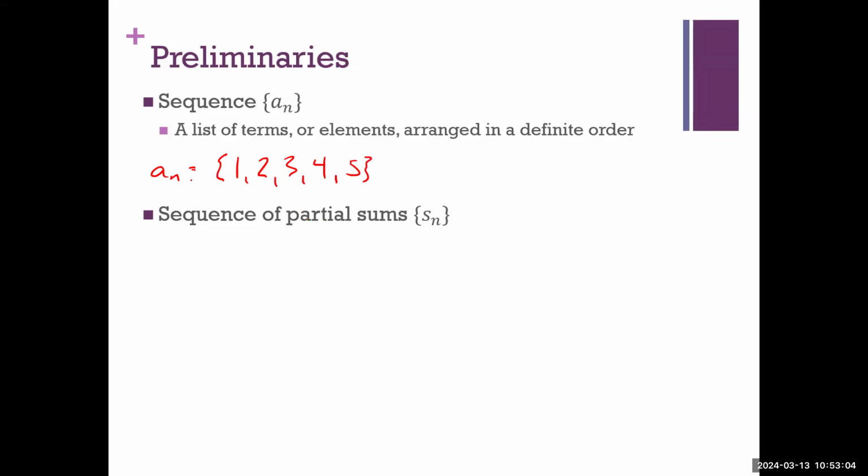If this is my base sequence, I can build another sequence called the sequence of partial sums. Basically, every term in this sequence is the sum of the first that many terms in the base sequence.